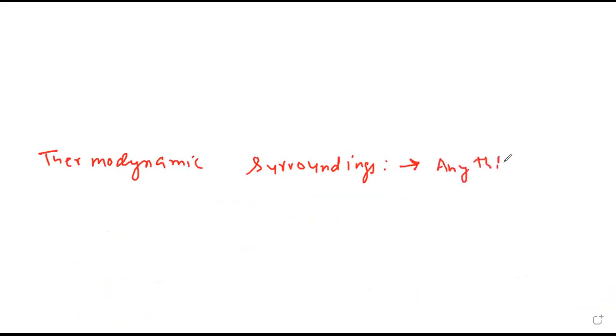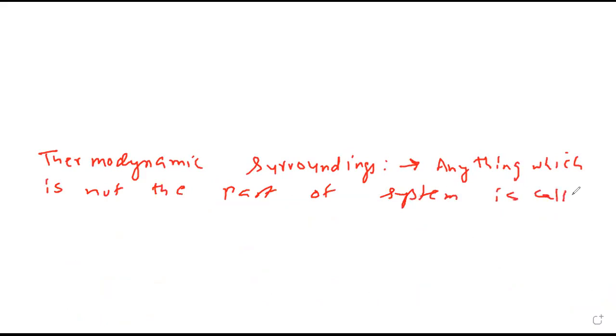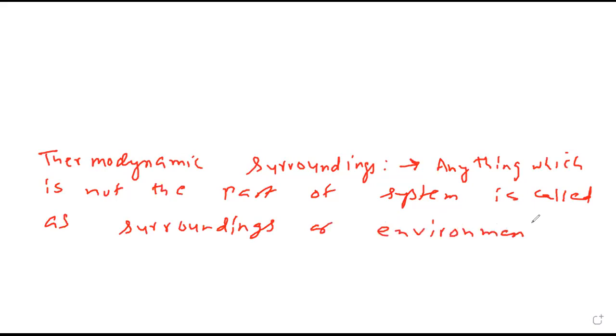Anything which is not the part of the system is called surroundings or environment. Anything which is not the part of the system is called surroundings or environment.